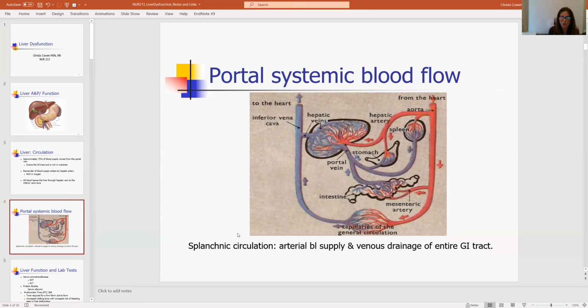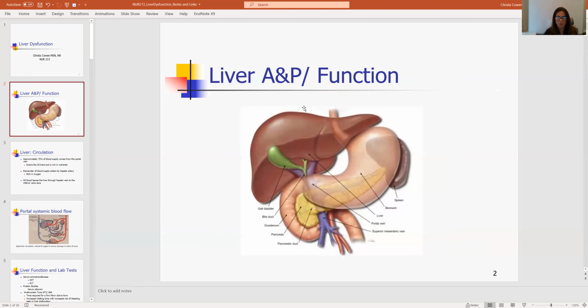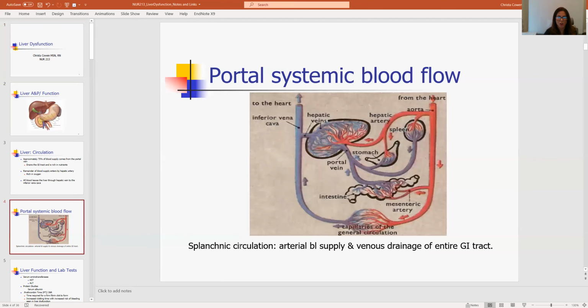So this is all of our blood flow from our distal esophagus, the lower part of our esophagus here, all the way to our rectum. Very important if you understand what the splanchnic circulation is. It's our gut circulation from our distal esophagus to our rectum.